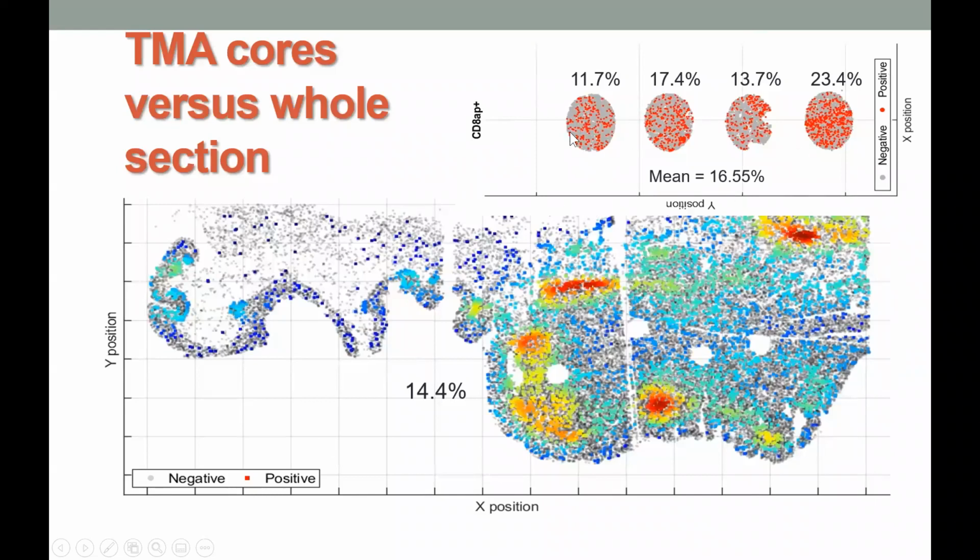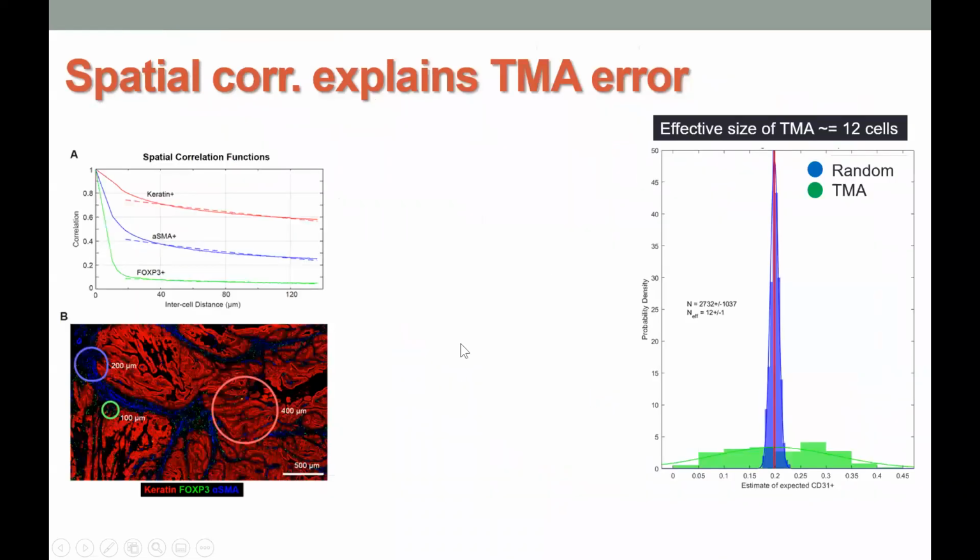As you can see here, even in the best case scenario, trying to evaluate CD8 plus T cells, we start to get a huge variation, although the mean difference is still pretty close to the whole slide section. But in some cases, we can get a very wide distribution like we show up here.